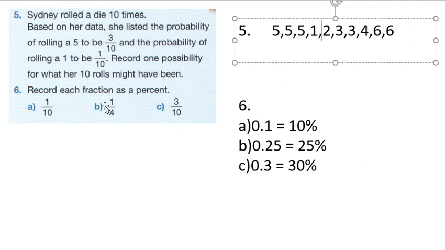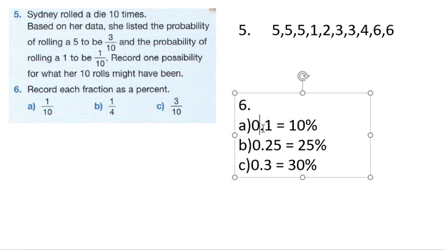The next question, the last question here, number 6, record each fraction as a percent. The 1 over 10, we can say 1/10, which I've written as 0.1, the 1 in the tenths column.